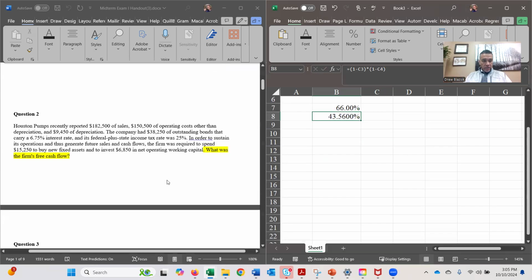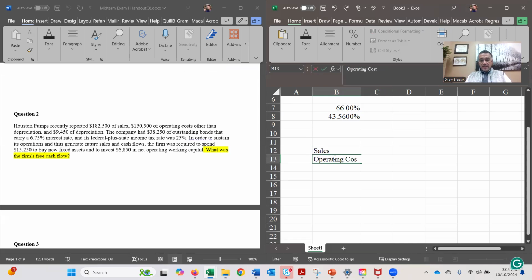All right, next question is we want to know what was the firm's free cash flow. So what we want to do is take our sales. I'm not going to do the numbers here. You can do it. Sales are 182,500, and then we want to know what the operating costs are. That is 150,500.